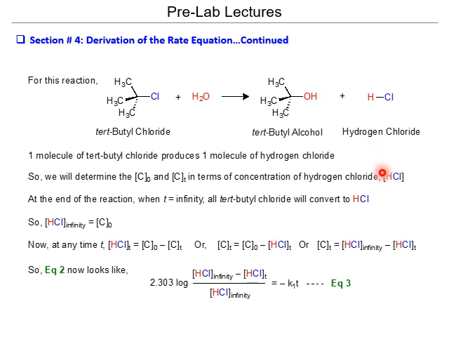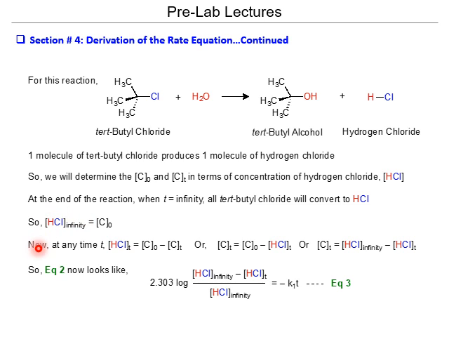So if we call it HCl infinity, it means the concentration of HCl at the end of the reaction will be the initial concentration of tertiary butyl chloride, C0. C0 equals HCl infinity, the concentration of HCl at the end of the reaction.